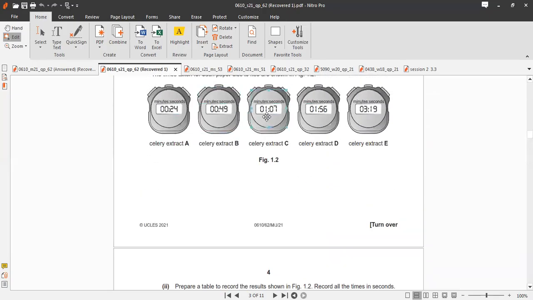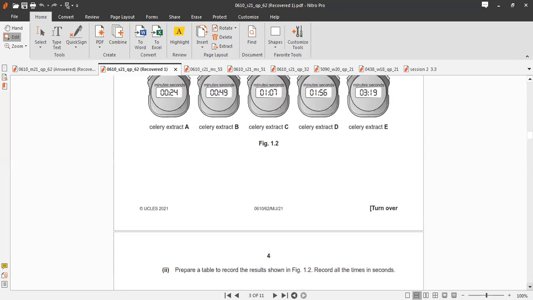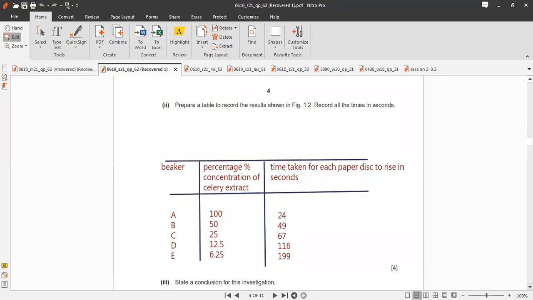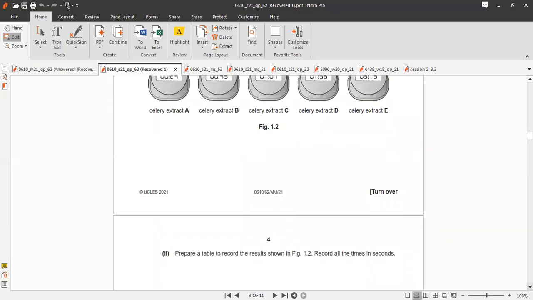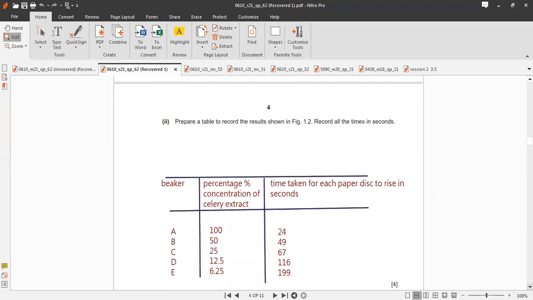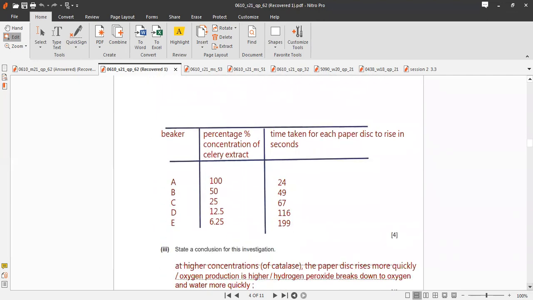And here 1 minute plus 7 seconds, 60 plus 7 equals 67 seconds. And here 60 plus 56, so D equals 116 seconds. And E, 3 minutes plus 19 seconds, 3 multiply 60 plus 19 seconds equals 199 seconds.